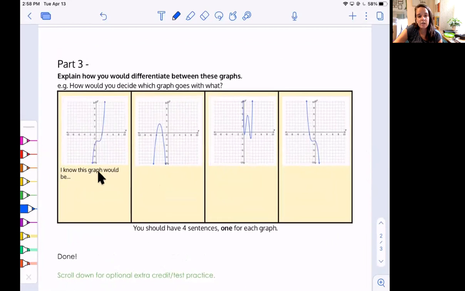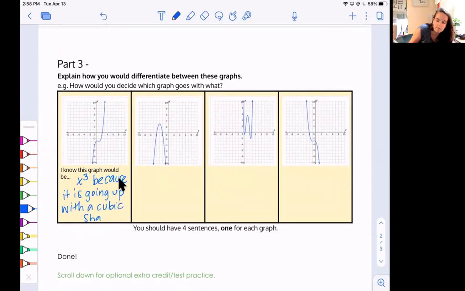So I'd say I know this graph is positive x to the third because it is going up with a cubic shape. Like it has that cubic shape.